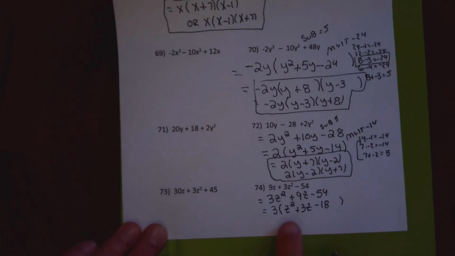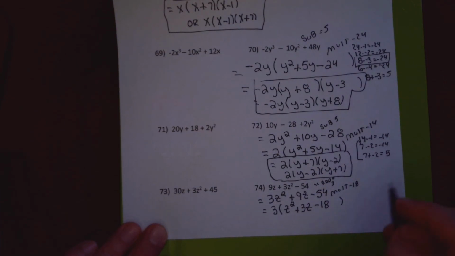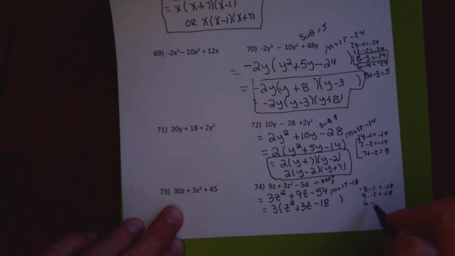Now I'm going to make this into two parentheses. I need the plus minus numbers that multiply to negative 18 and either quote add or subtract to 3, big number plus, small number minus. My choices would be 18 and negative 1 because those multiply to negative 18. 9 and negative 2, those multiply to negative 18. And 6 and negative 3, those multiply to negative 18.